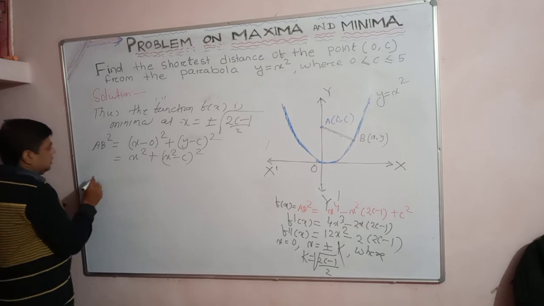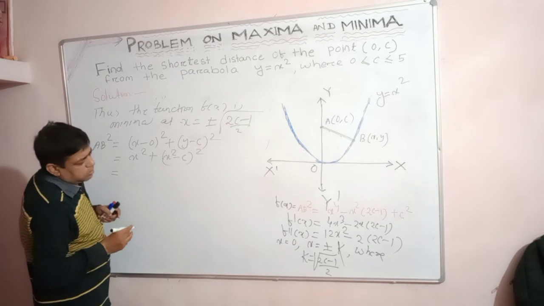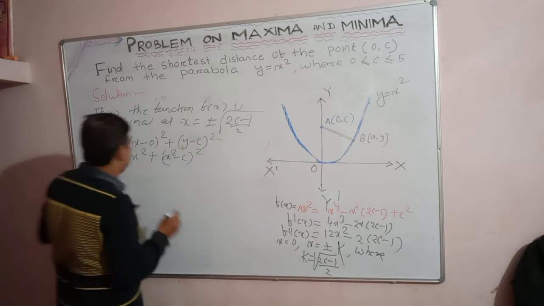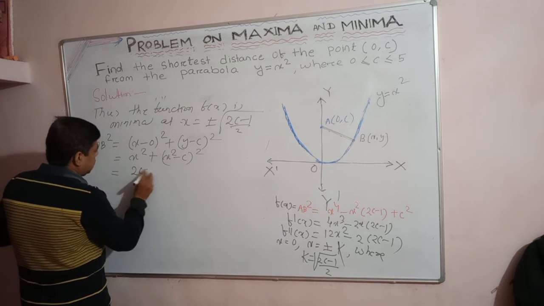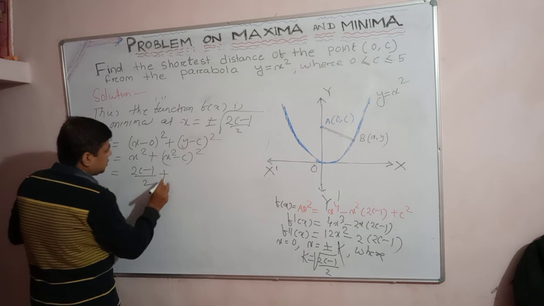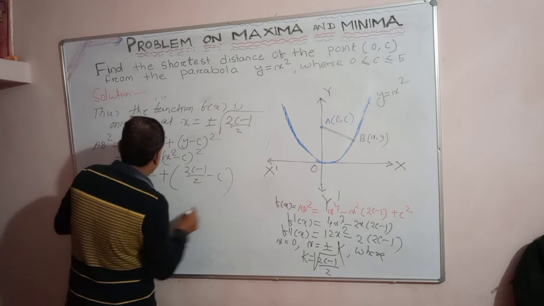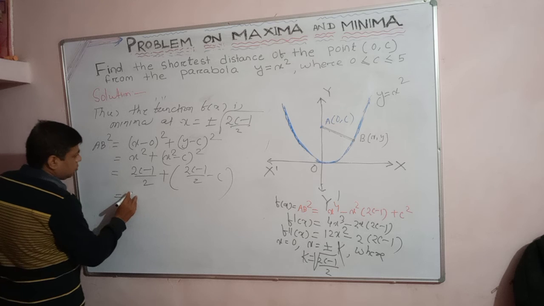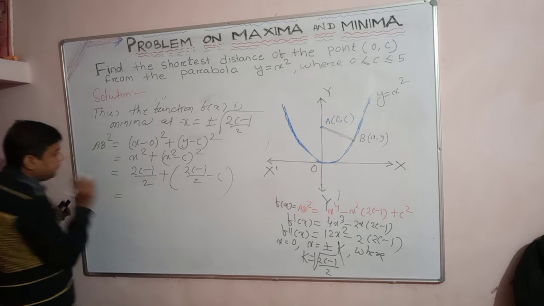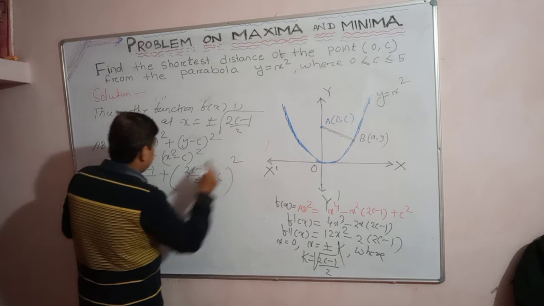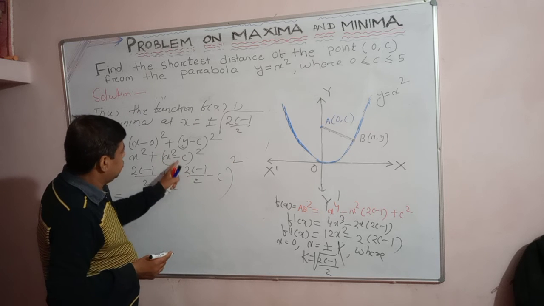Okay, so the value of x square will be 2c minus 1 upon 2, because the power of x is 2. Thus this value will be 2c minus 1 upon 2 plus, here, x square value 2c minus 1 by 2 minus c whole square.